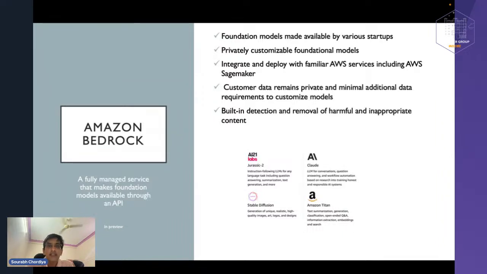Now this is a negative sentence, which we would not want a customer to search on BigBasket, for example. So I would want to remove that question. Even if somebody asks, it should be removed. How do we do it? Again, there is a built-in detection, and you can customize that on top of the built-in content that you have. That's what Amazon Bedrock is.